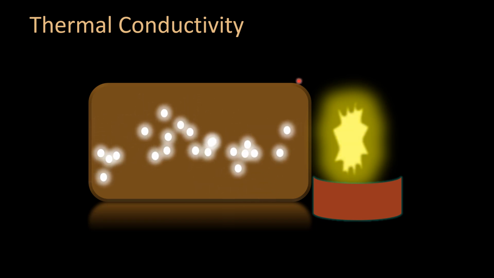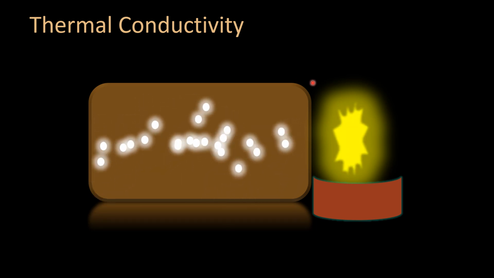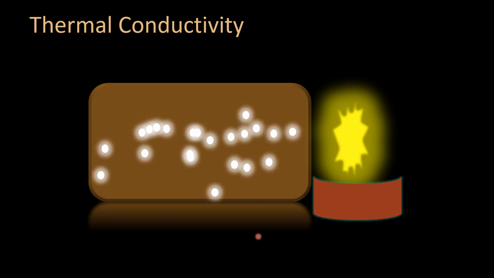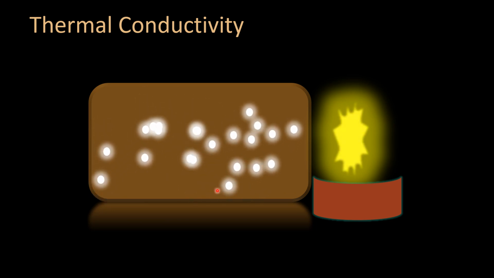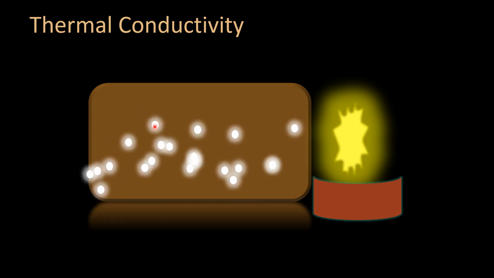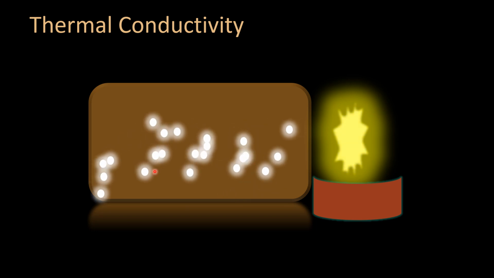Another important property of the metal is their thermal conductivity, that is, metals can conduct heat. When a piece of metal is heated by any external source, it will increase the kinetic energy of the free electrons. So these free electrons move randomly with greater kinetic energy and transfer the energy from one electron to another electron.